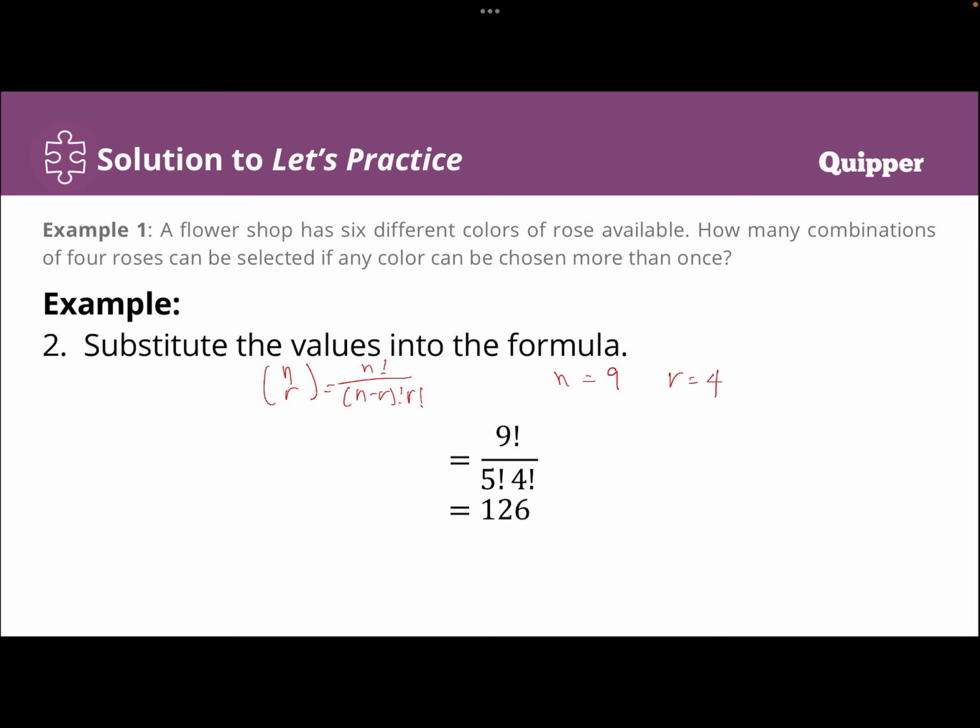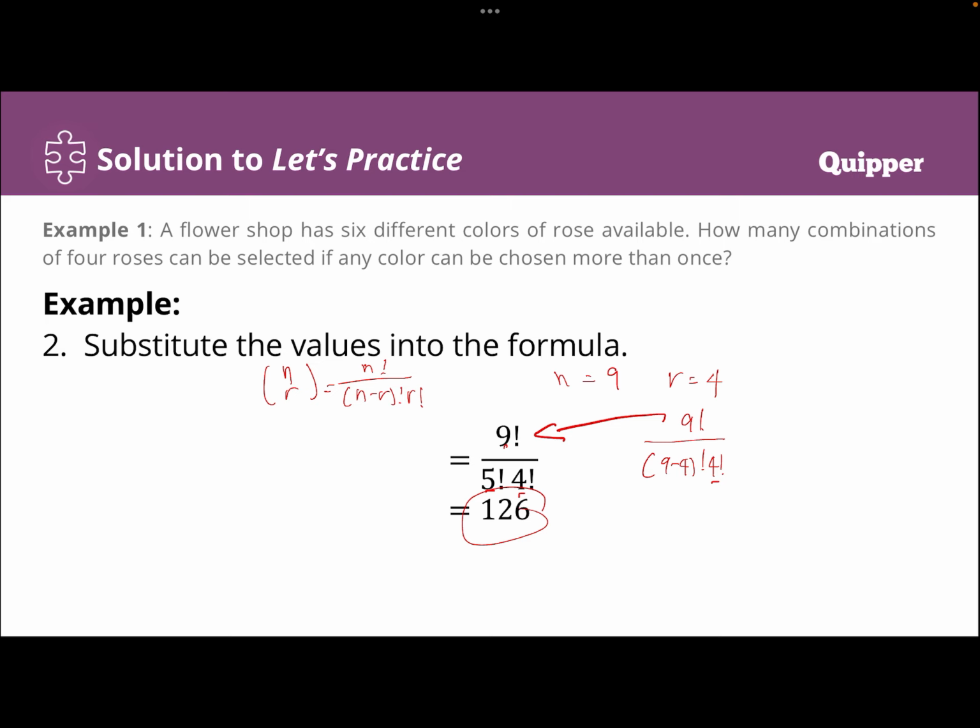So, substitute na natin N factorial, that is 9 factorial, divided by N minus R. So, 9 factorial all over the quantity 9 minus 4 factorial, 4 factorial. So, ito yan. 9 factorial. So, 9 minus 4 factorial, that is 5 factorial. And then times 4 factorial. And then if we're going to expand and then divide, the answer is 126.